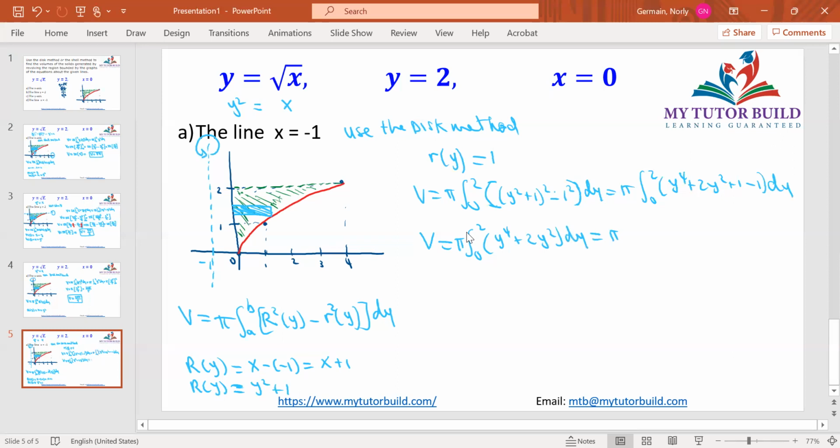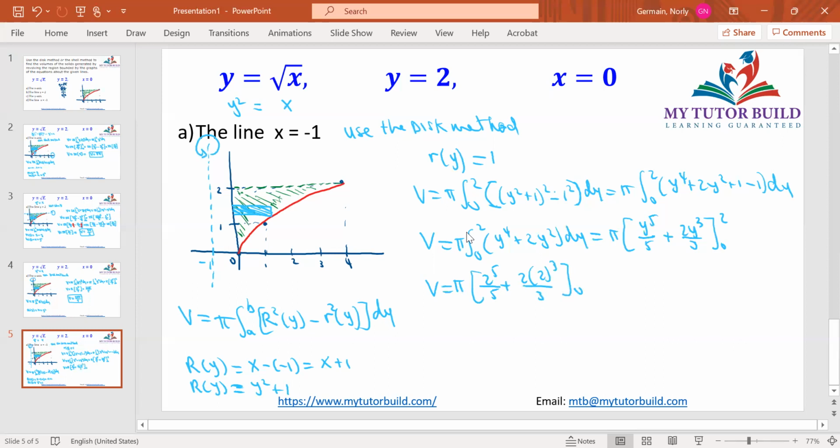Let's integrate. What you get is y to the 5th over 5 plus 2y to the 3rd over 3, from 0 to 2. Now we can substitute. V would be pi times (2 to the 5th over 5 plus 2 times 2 to the 3rd over 3).